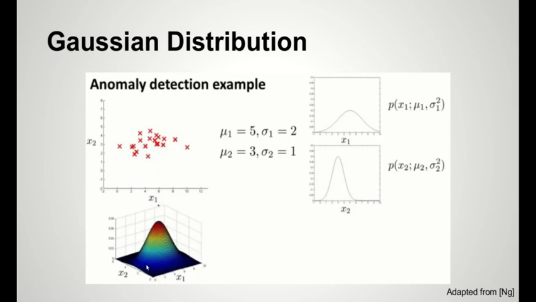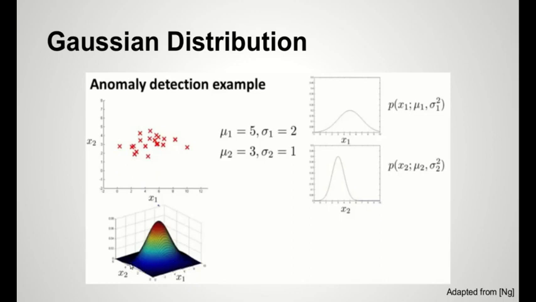The first thing would be to define an epsilon, and let's say we define it as 0.02. So we want to flag as anomalous something that has a chance lower than 2% of happening.